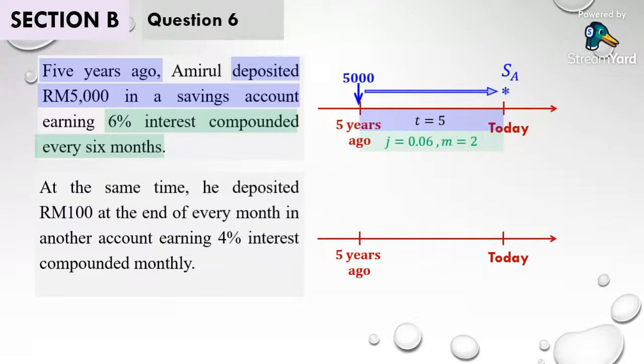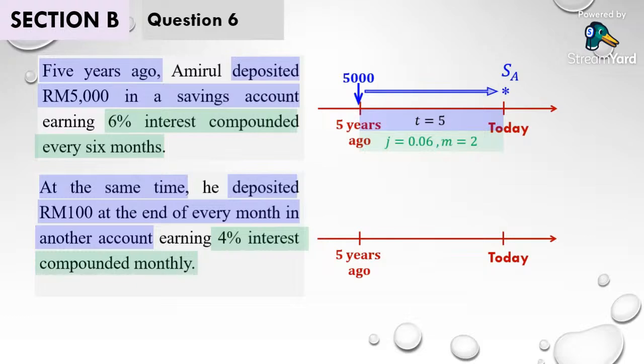And the next part of the questions, at the same time, so on the same time frame here, 5 years ago and today, he deposited 100 at the end of every month in another account. So in another account, and another account earning different interest rate and compounded in different time periods.